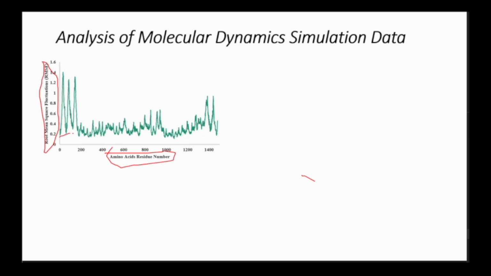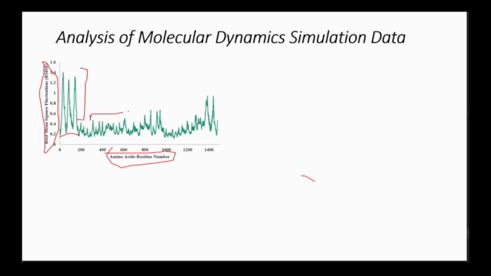This graph is letting me know that approximately the first 200 amino acids are showing higher fluctuations during the molecular dynamics simulation. Higher fluctuation means that they are showing higher kinetic energy. They are not well conserved, well bound structures in a protein. They may be loops which are moving a lot during the molecular dynamics simulation.